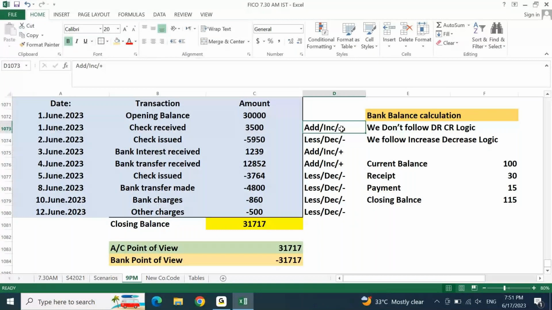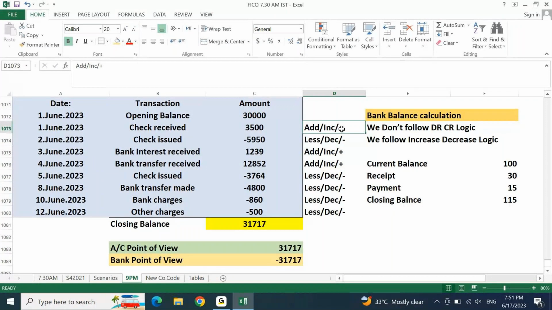Because debit and credit are reversed between the accounting point of view and the banking point of view. Unconsciously, sometimes you think of accounting debit credit and sometimes banking debit credit. We end up clubbing accounting debits and credits with banking debits and credits. At the end, you will have an incorrect number as your closing balance. This is the only reason why most people find BRS difficult or tricky.